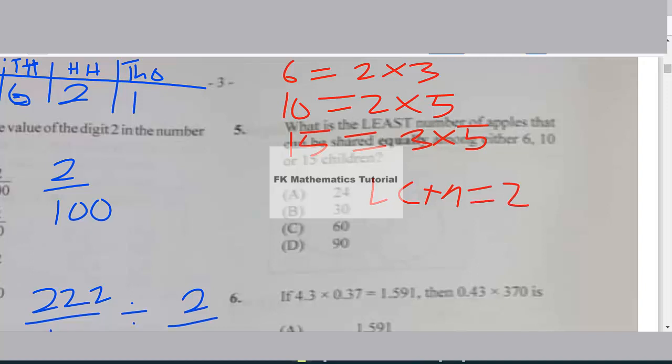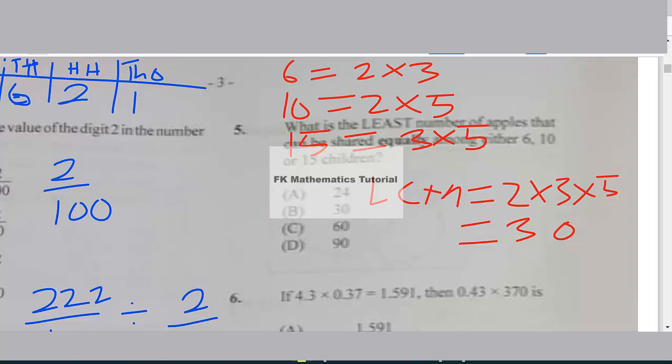Then we have also 3. Among the 3s, we have 3 to be the highest. Then among the 5s, we have 5 to be the highest. So it will be 2 times 3 times 5. That will give us 6 times 5, which is 30. So 30 is the correct answer.